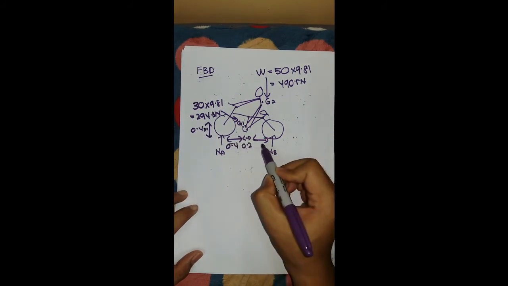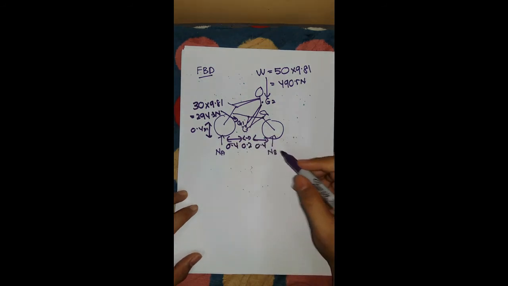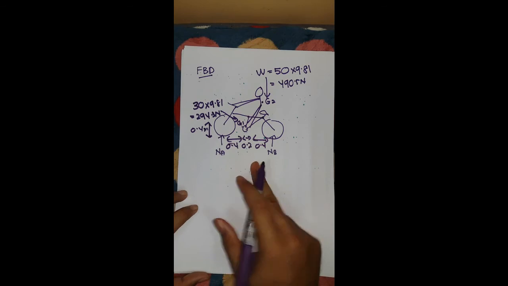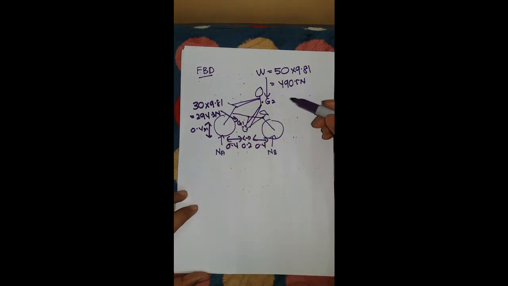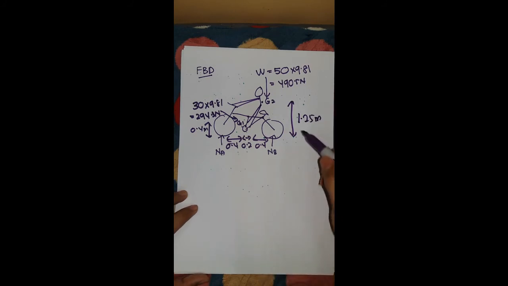This is 0.2. This is 0.4 also. So the distance of the bike is 1.25 meter. So our free body diagram is complete.